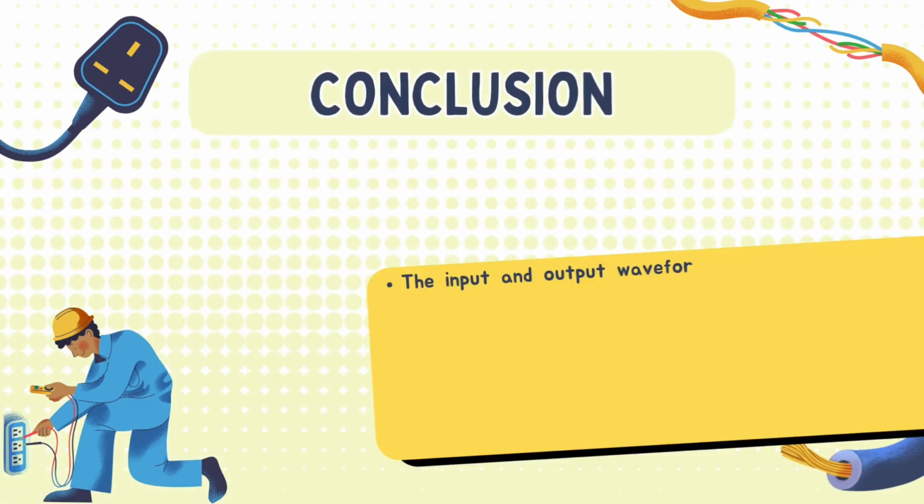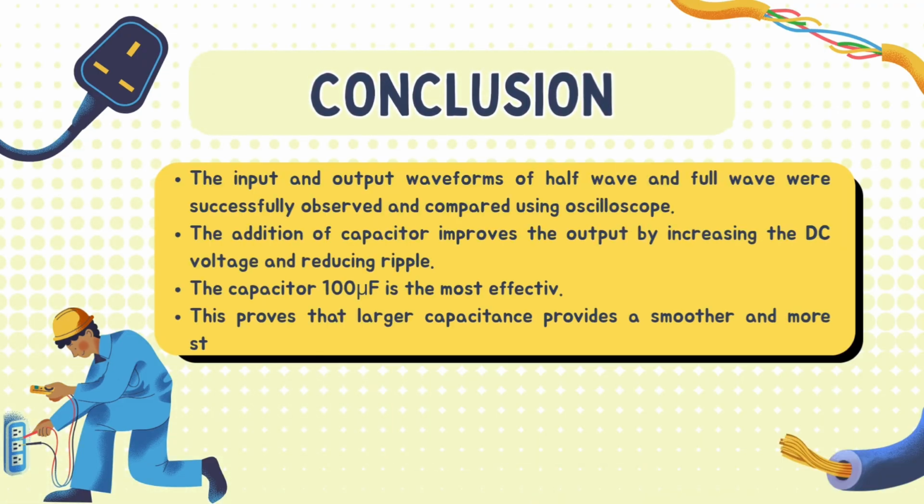Conclusion. In this experiment, the input and output waveforms of half-wave and full-wave rectifiers were successfully observed and compared using the oscilloscope. The full-wave rectifier is more efficient and produces a higher DC output voltage. The addition of a capacitor improved the output by increasing the DC voltage and reducing the ripple.